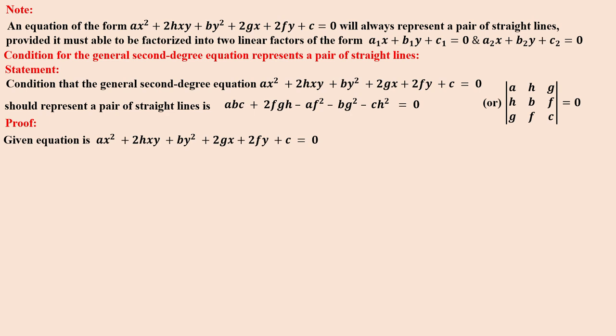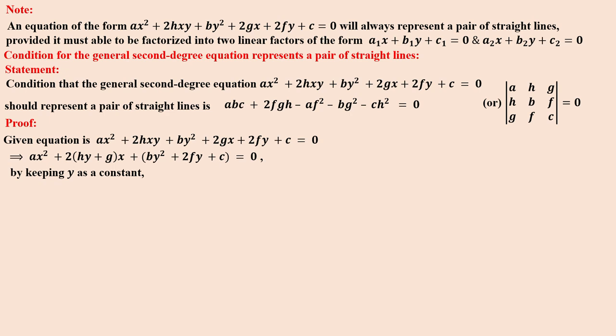We'll see the proof. Given equation is ax² + 2hxy + by² + 2gx + 2fy + c = 0. Now we are grouping, keeping the x terms and all y terms in separate sets, assuming y is a constant.